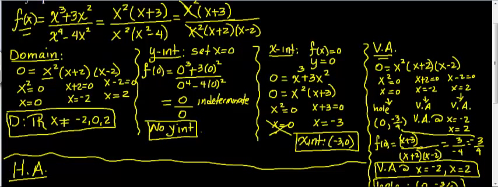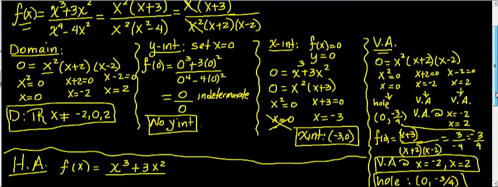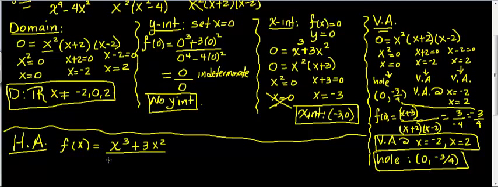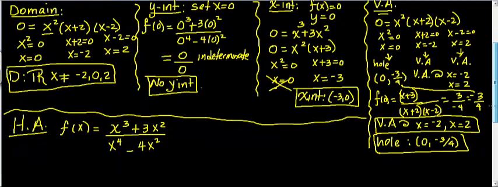If the degree in the numerator is less than the degree in the denominator, in this case it is. Let me rewrite the function here: x cubed plus 3x squared over x to the 4th power minus 4x squared. When I look for horizontal asymptotes, I look at the leading terms only.